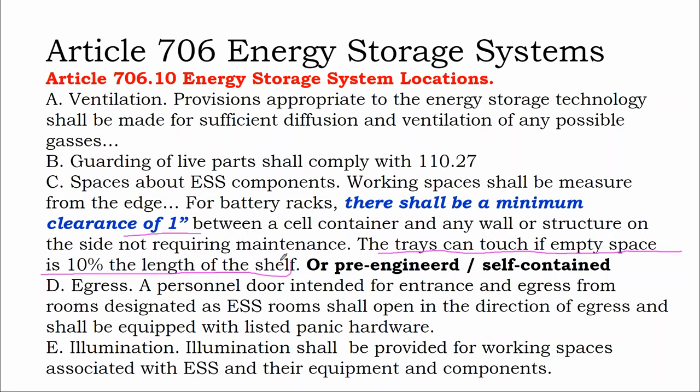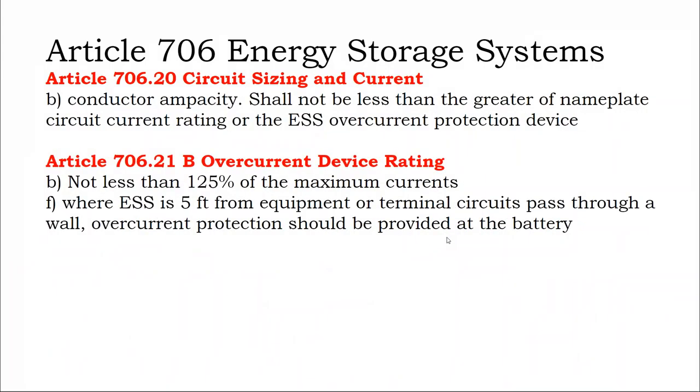You could build the shelf into the wall, but then you'd need more than 1 inch of space between the batteries and the wall. Or you can use a Tesla Powerwall that comes pre-engineered to hang on a wall and is listed for that. And they say that's okay too. And we see requirements for egress and illumination that we've seen before.